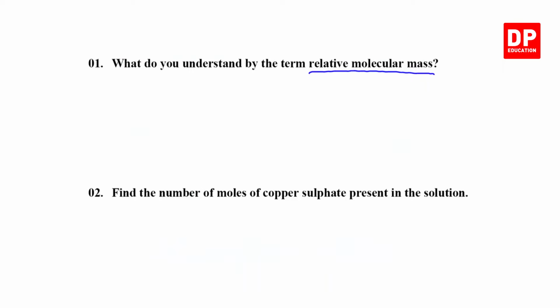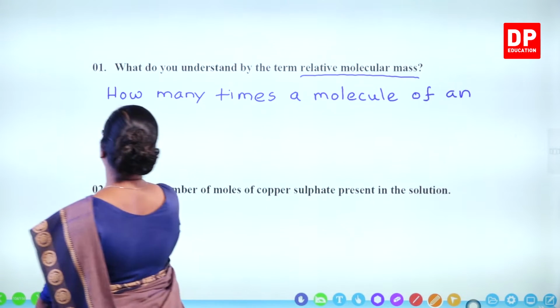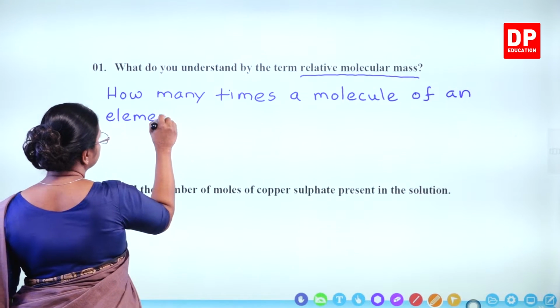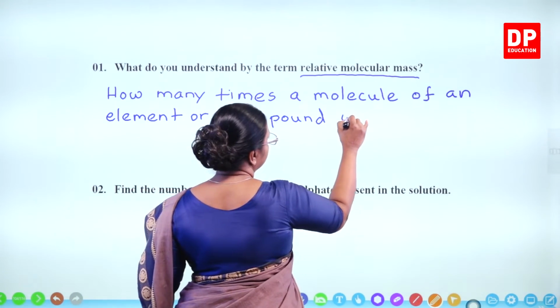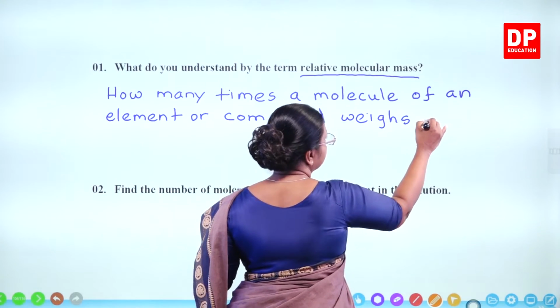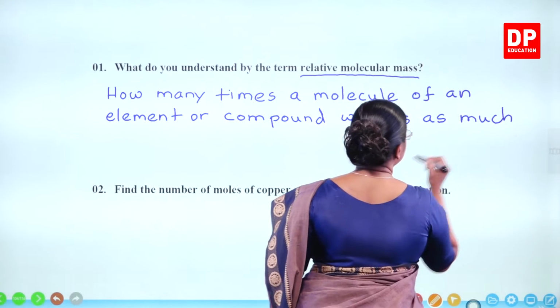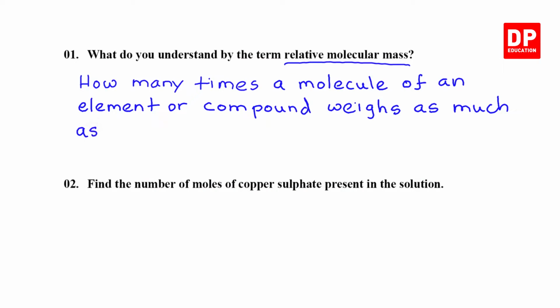So I will write that here. How many times a molecule of an element or compound weighs as much as 1/12 the mass of 12,6 carbon isotope atom.